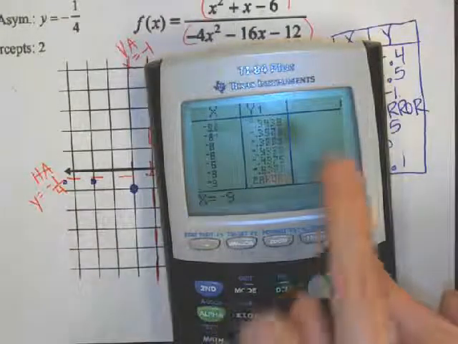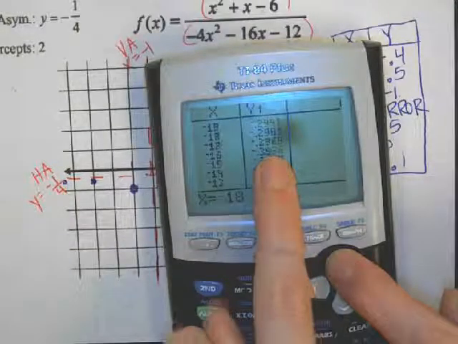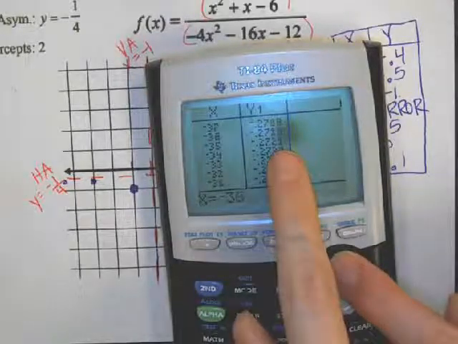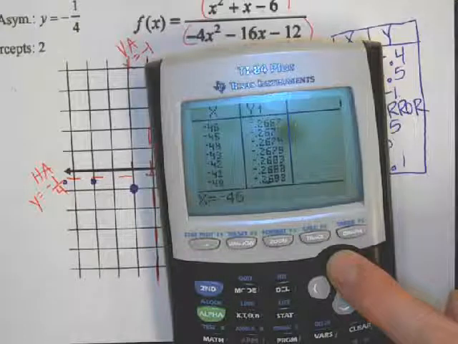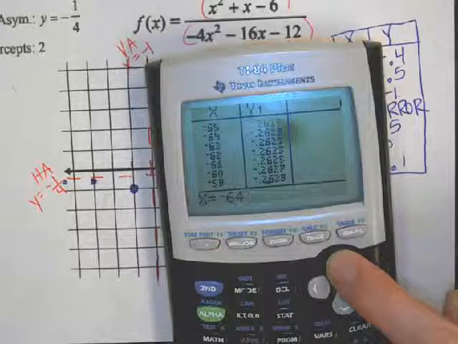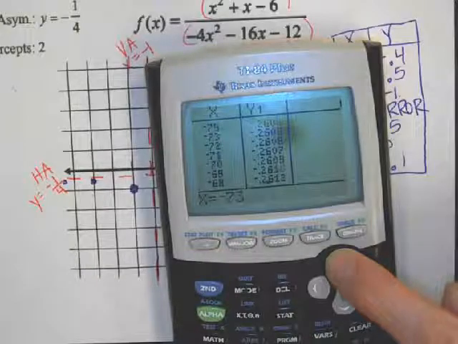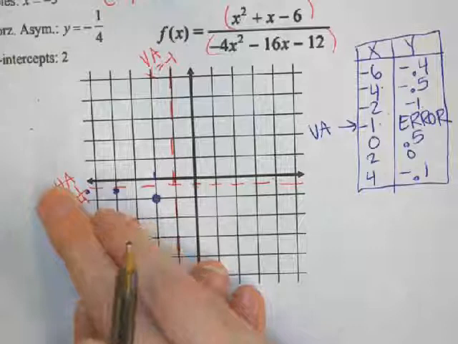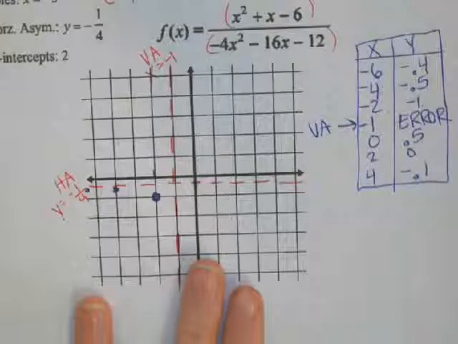Look at the y's. Are they ever going to get to exactly negative 0.25? No. Do y'all see how they're getting really close to it though? Getting closer, closer, closer. Is it ever going to touch it though? I could keep scrolling forever. That's what I mean about going to negative infinity, but you're approaching that y value.